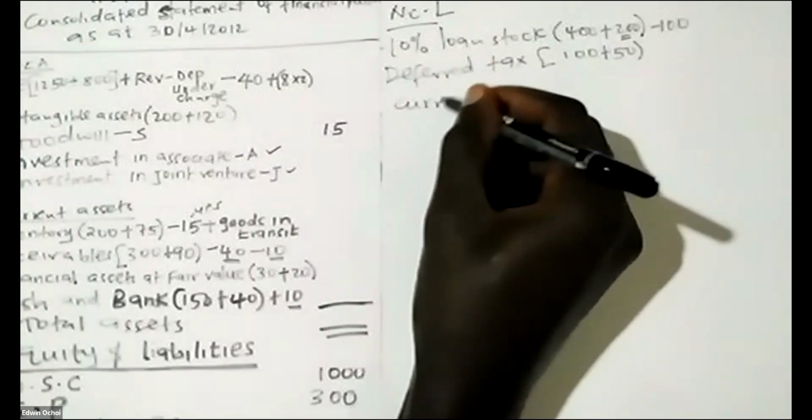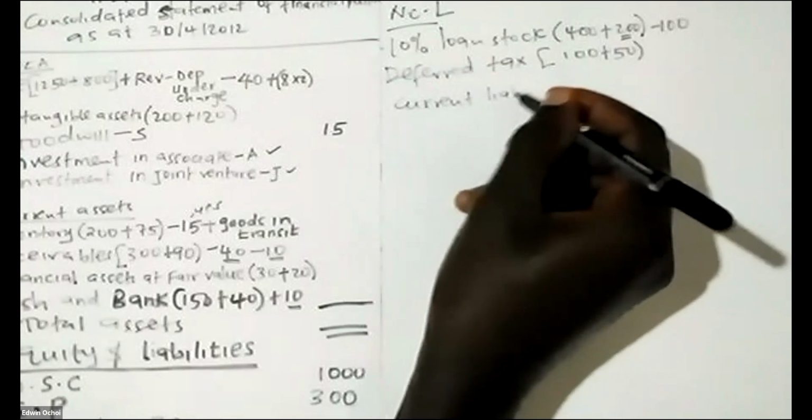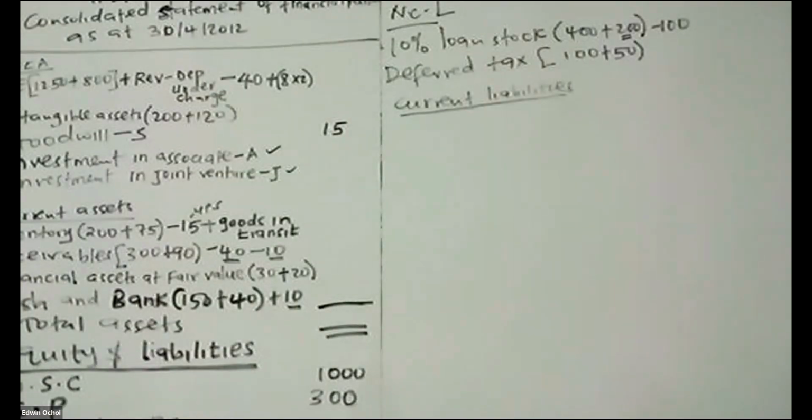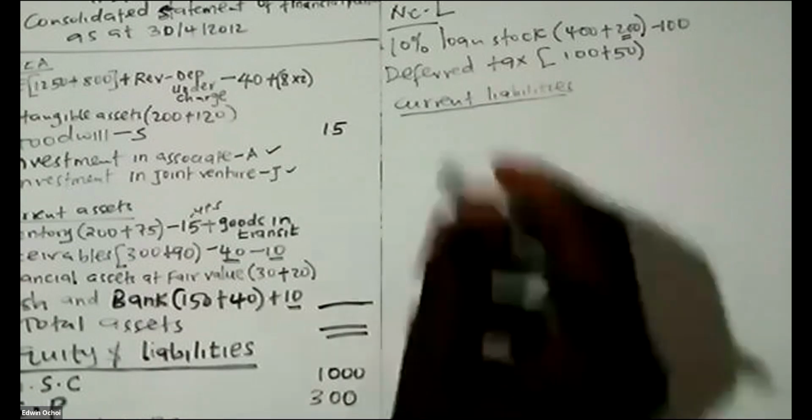So current liabilities. For the current liabilities, you have to take trade payables.